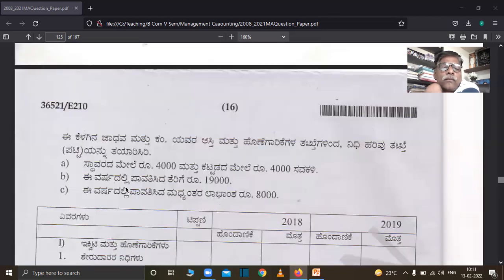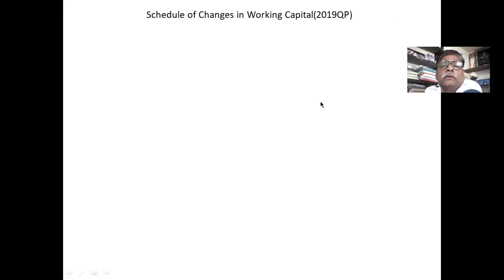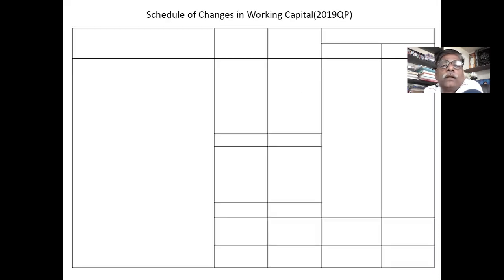Okay. Over. Now you see the solution. Okay, and first we prepare schedule of changes in working capital. Particular 2018, 2019, second column, changes in working capital, increase, decrease.